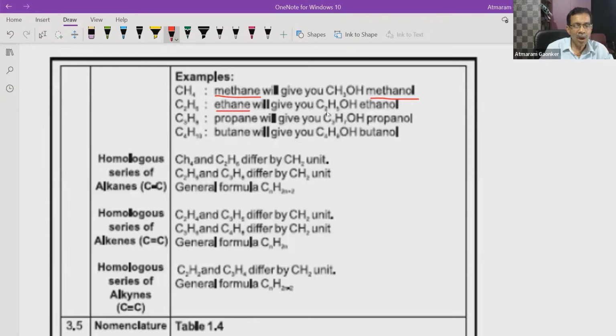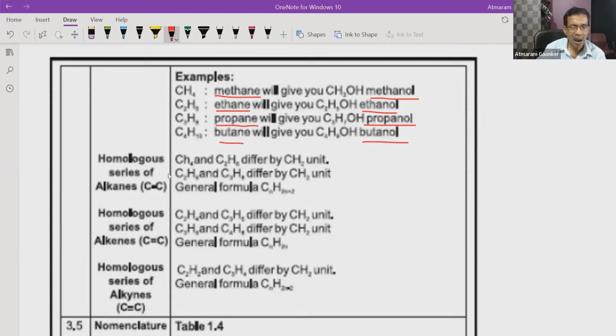Then you keep C2H5 and one H you remove and put OH. This will become ethanol. Similarly, propane will become propanol, C3H7OH. Then butane will become butanol.